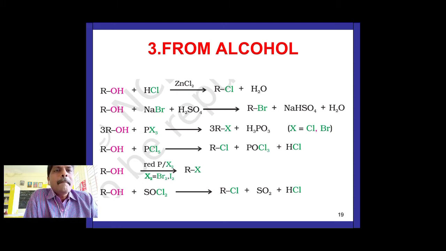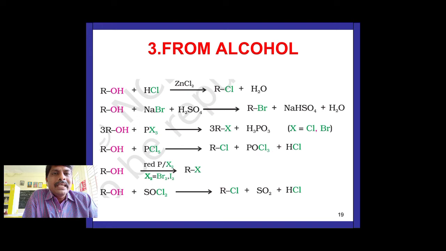Third one is phosphorus trihalides. Third one, alcohol with the phosphorus trihalide. Alcohol plus phosphorus trichloride. Last, alcohol plus phosphorus tribromide and triiodide, PBr3 and PI3. Instead of using PBr3 and PI3, we will use red phosphorus and bromine, red phosphorus and iodine.